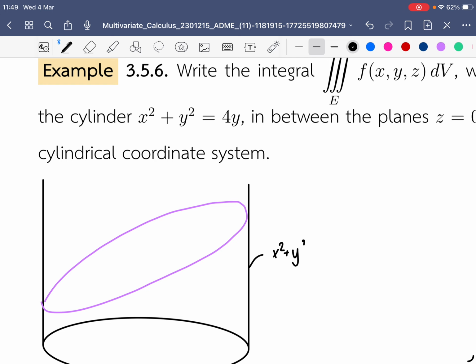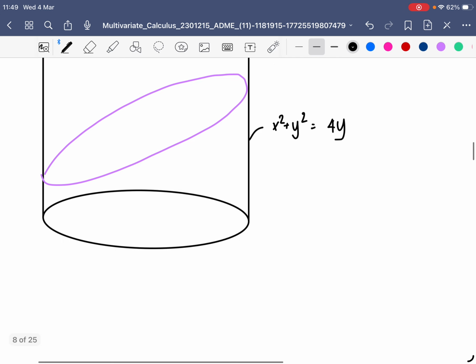So you can see the picture of what it kind of looks like. Okay, I'll continue teaching. I'll try to finish it.